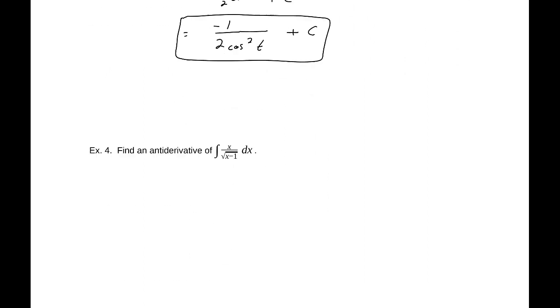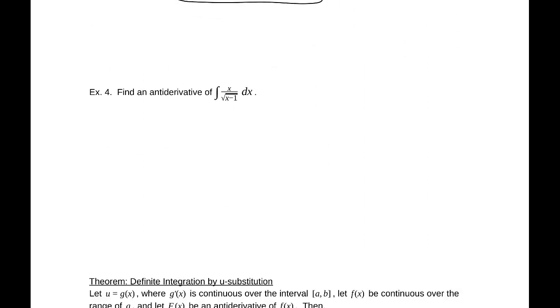All right, example 4. Find an antiderivative of x divided by the square root of x minus 1. Let's begin. Let u equal x minus 1, since that looks like the inside function. Then du equals dx, that would just be 1 dx.